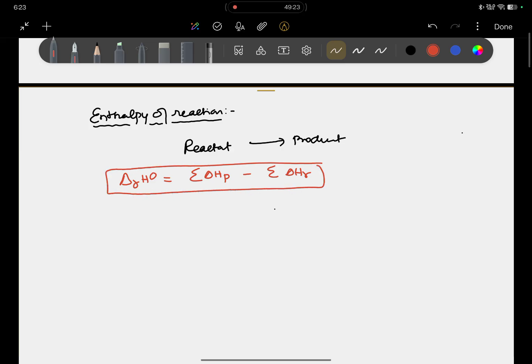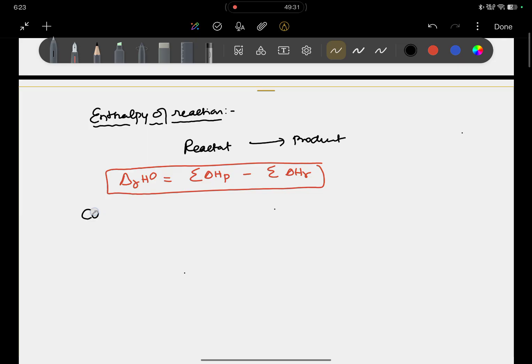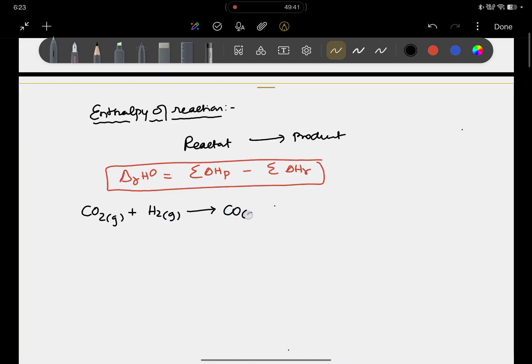Let us do a problem as given in the textbook. I will do the evaluate yourself problem. They have given an equation: CO2 gas plus H2 gas gives CO gas plus H2O gas.